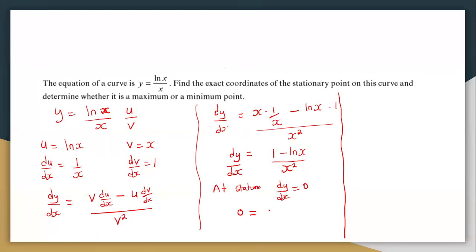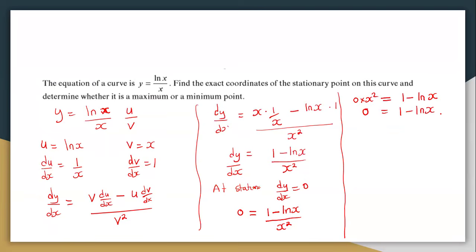We continue. Now 0 will be equal to 1 minus ln x over x squared. Multiply both sides by x squared. 0 times x squared is 0, then equal to 1 minus ln x.